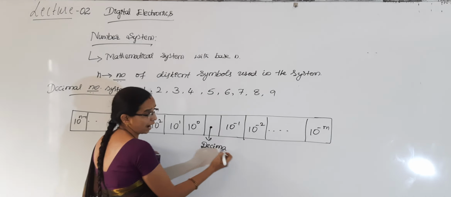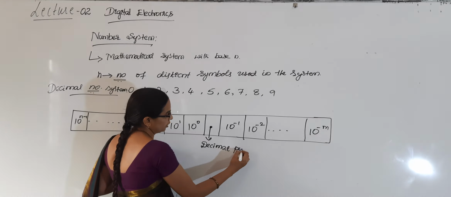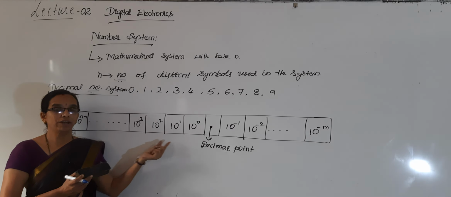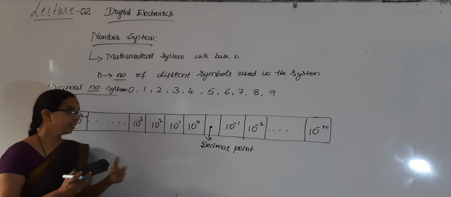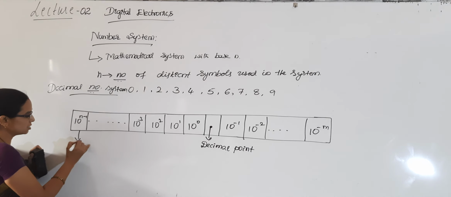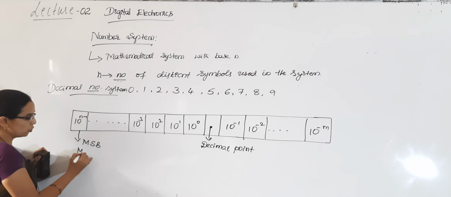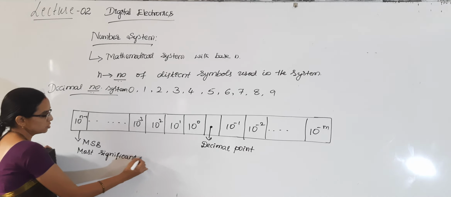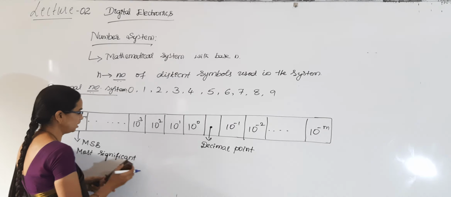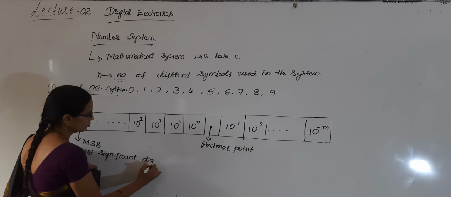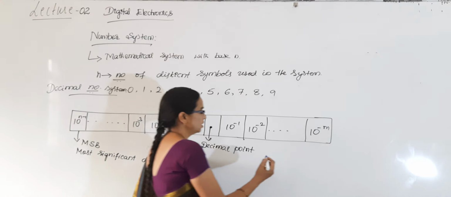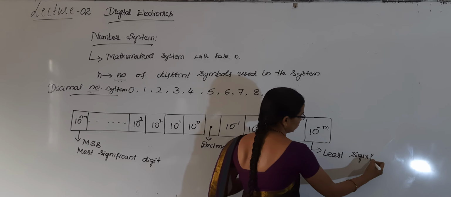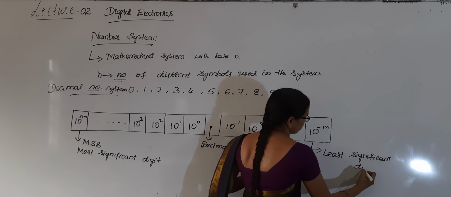Generally it is called the radix point or base point. The decimal point, or radix point, is the one which separates the fractional part and the integer part, right? That you already know. This is called the MSD, most significant digit, and here it's the least significant digit.